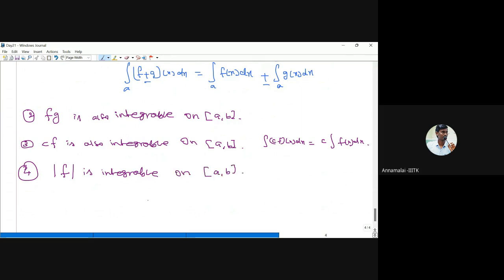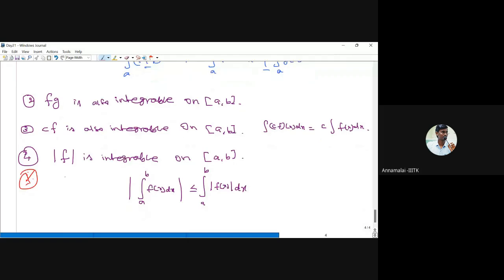Then there is a relation: the modulus of the integral from a to b of f of x dx is less than or equal to the integral from a to b of the modulus of f of x dx. This inequality is very important: modulus of integral is less than or equal to integral of modulus.